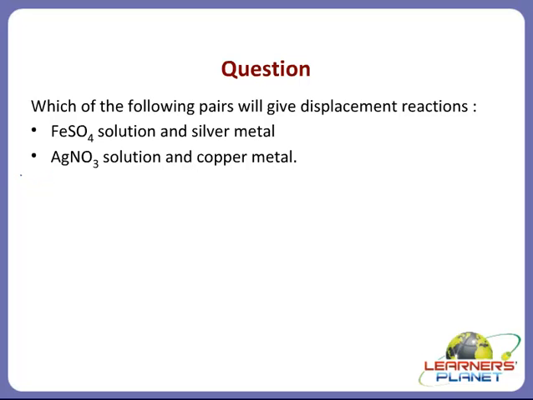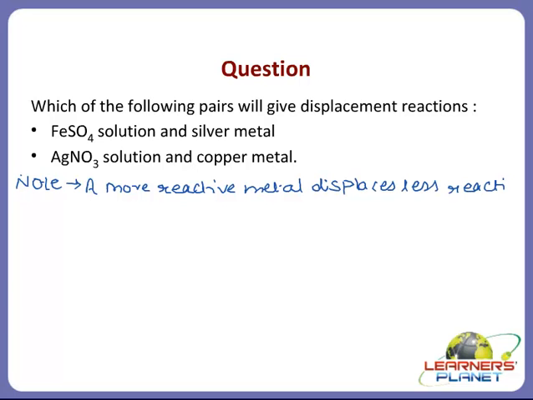The important thing is that a more reactive metal displaces less reactive metal from its salt solution. Now for this, what you need to remember again, the reactivity series. Okay. Now let's take up the reactivity series.